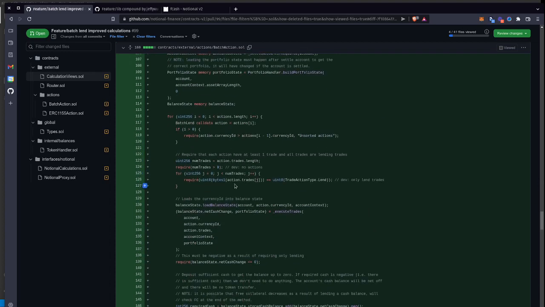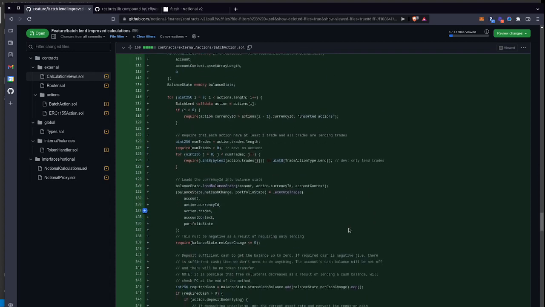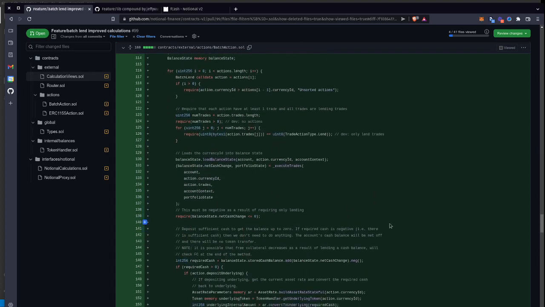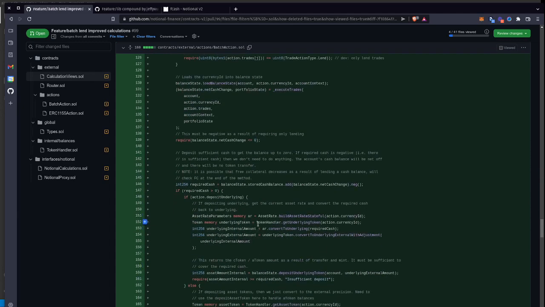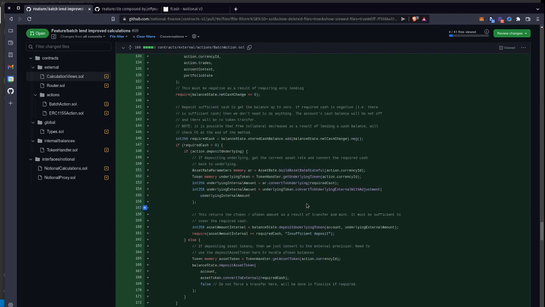It works very similarly to how the current trading action works, but it only pulls the amount of cash required to complete the action.